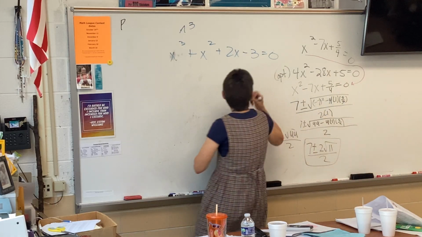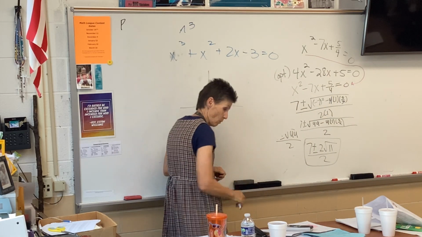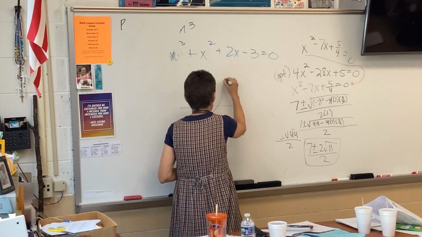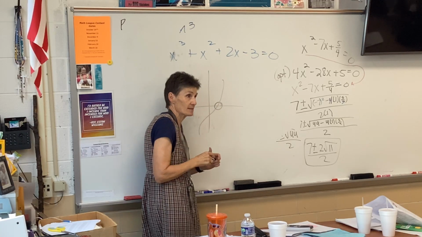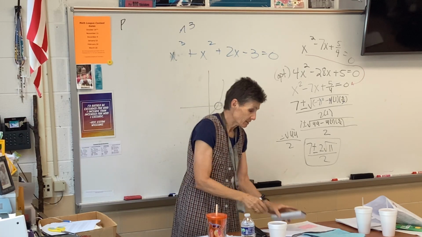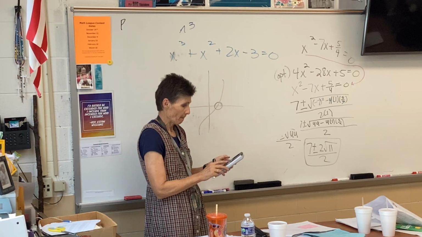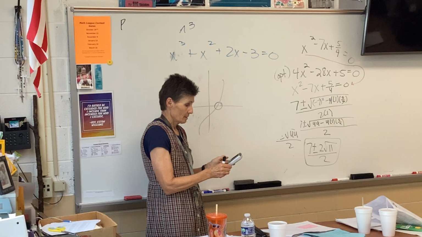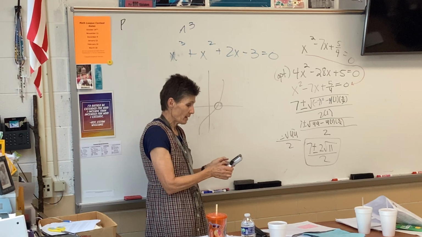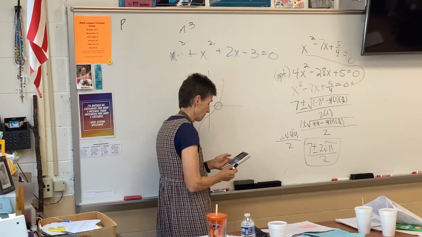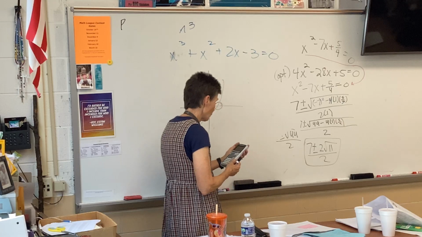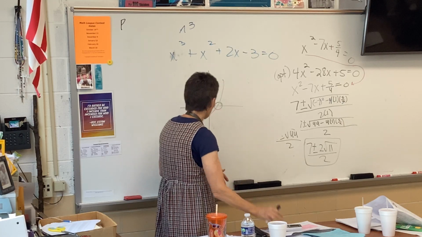Since I got it set equal to 0, I am looking for where it crosses the x-axis, right? So I go back to second trace, 0, left bound, right bound, yes. No question, one answer, 0.844.